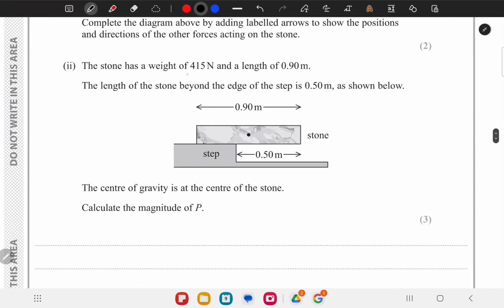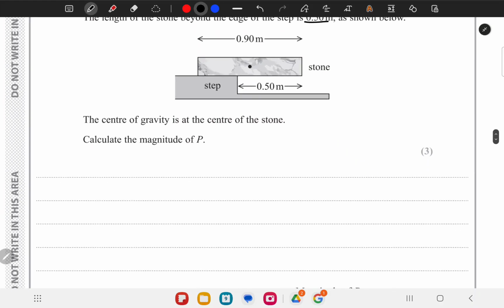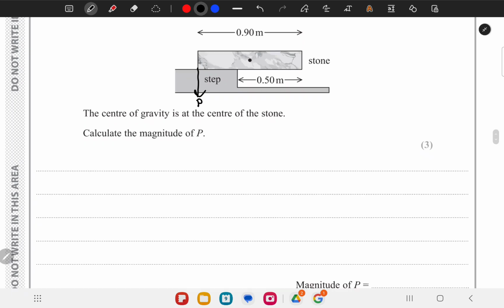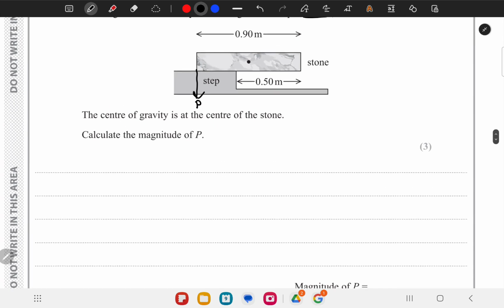Now in part 2 we are given that the weight of the stone is 415 Newton, its length is 0.9 and this hanging length is 0.5 meters. We have to find the magnitude of P. P is the force provided by the man's feet over here. So we'll have clockwise moment equals to anti-clockwise moment.